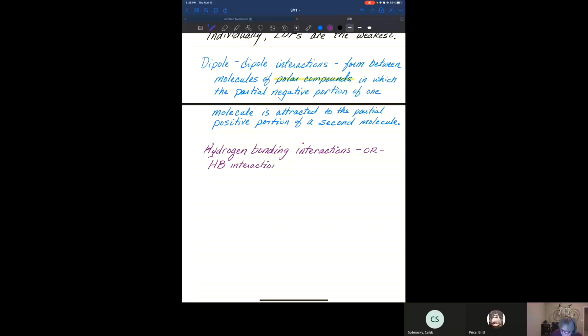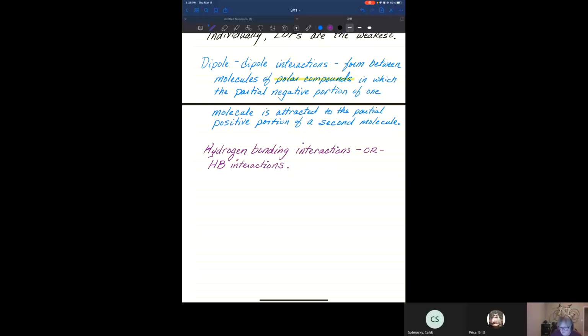The reason why is it hopefully emphasizes the fact that when you break interactions between separate molecules, you are not truly breaking chemical bonds.